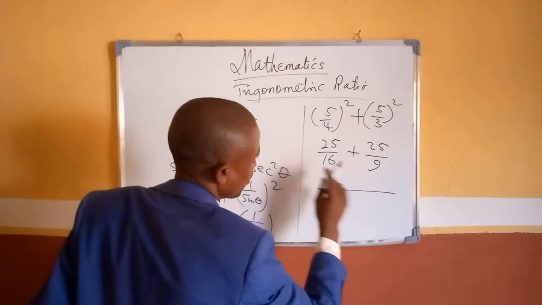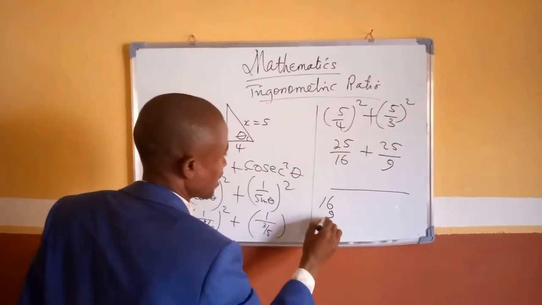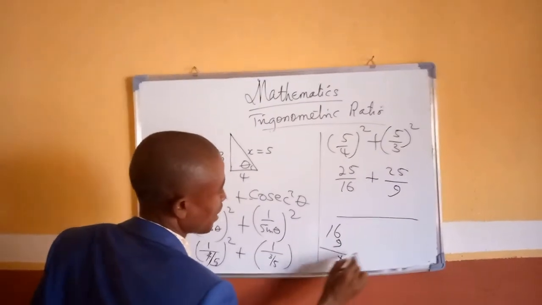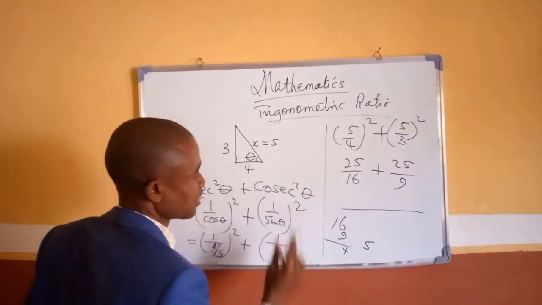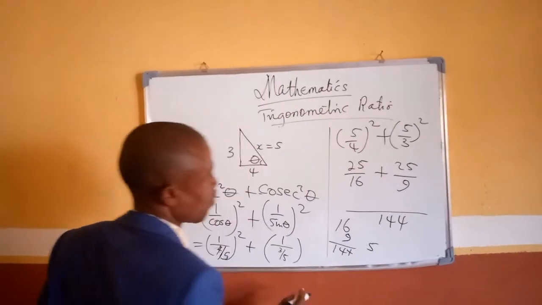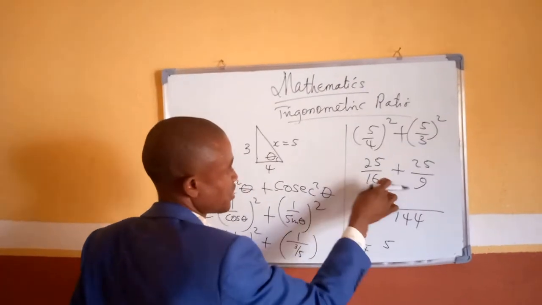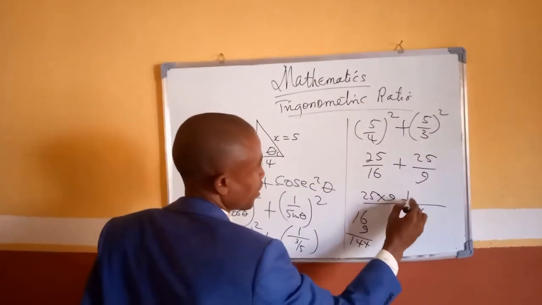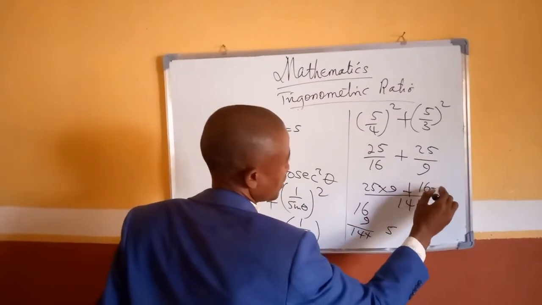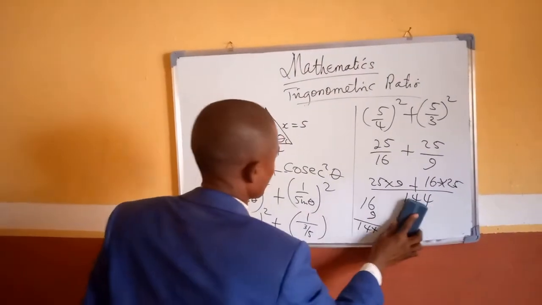And then the LCM of 16 and 9 is 144. 144 divided by 16 is 9, and then 144 divided by 9 is 16. So we have 9 times 25 plus 16 times 25.